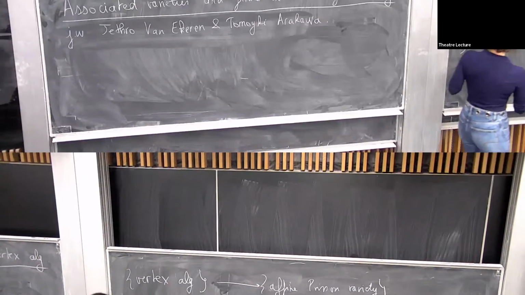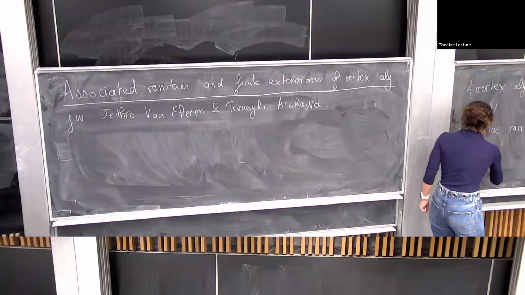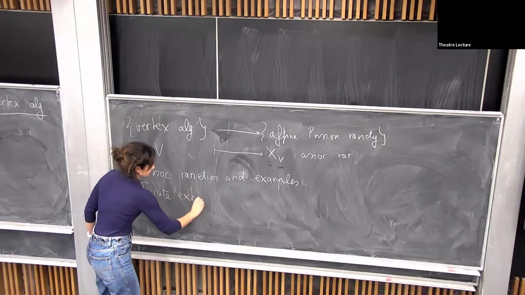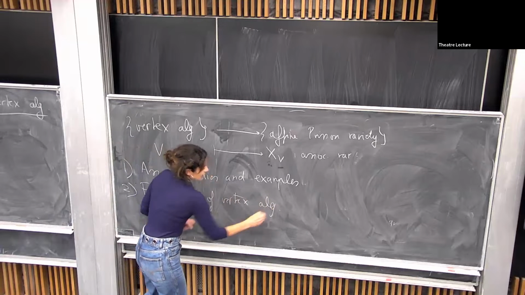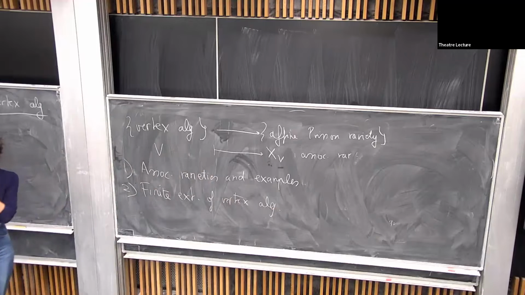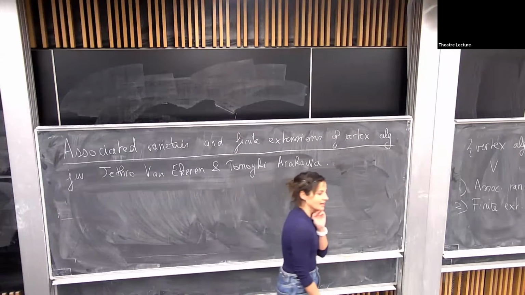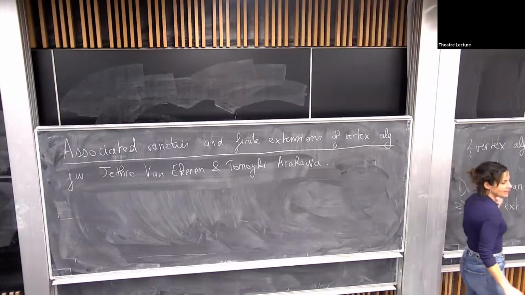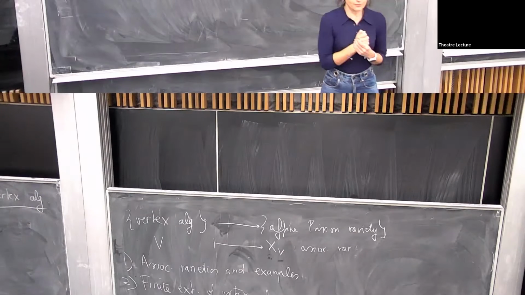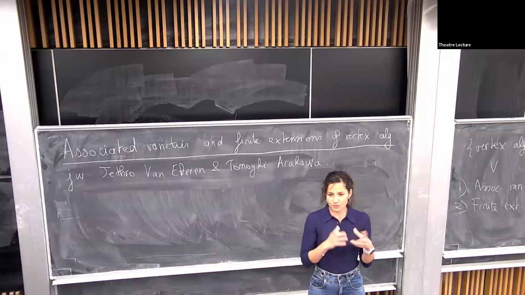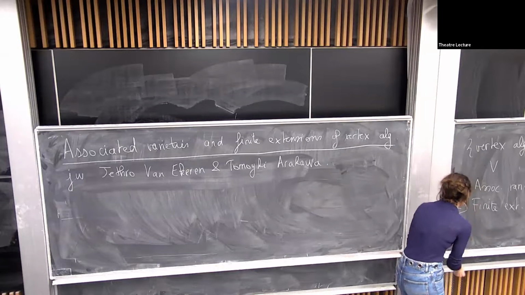Then I will explain the problem I am interested in about finite extensions. And finally, I will consider the case of W-algebras, where typically associated varieties are nilpotent Slodowy slices, which have a very nice geometry, and we will use the geometry of nilpotent Slodowy slices to study this problem.